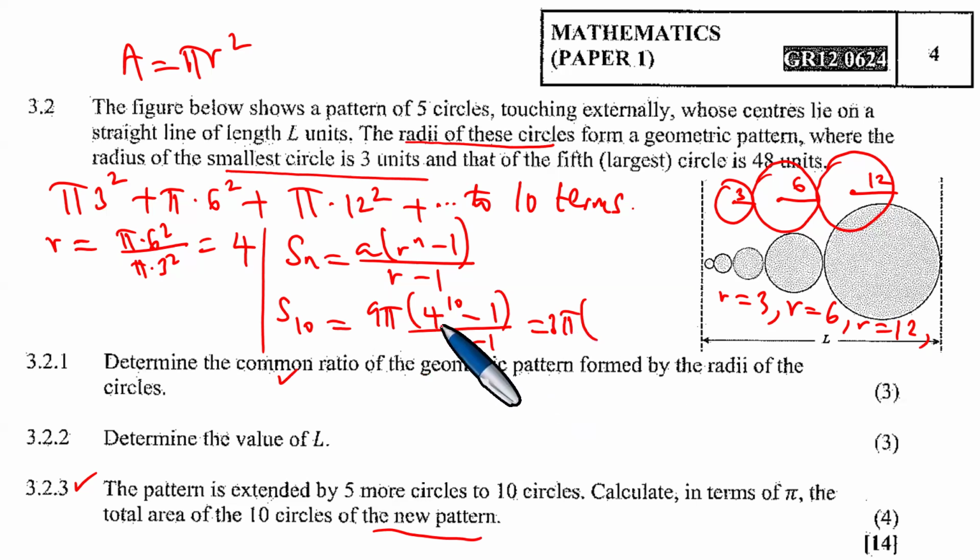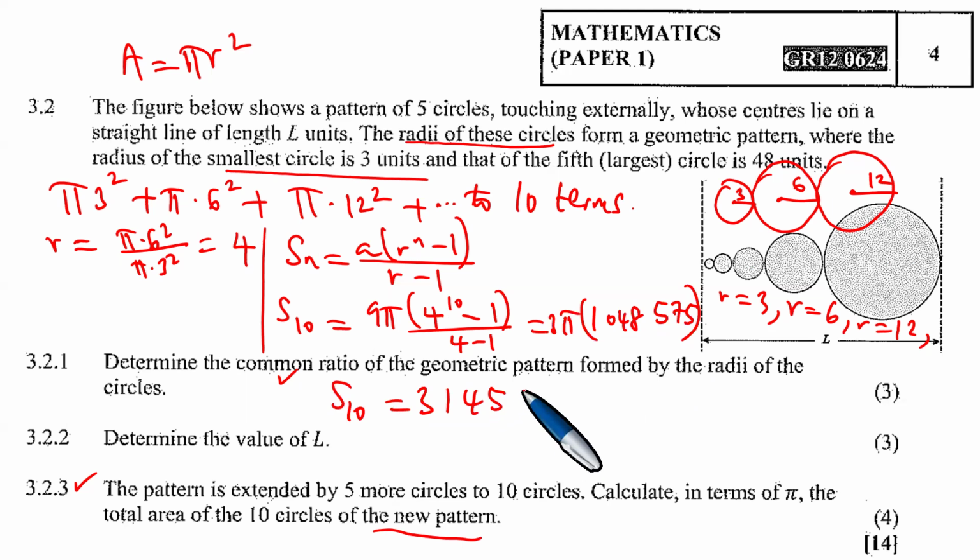And then 4 to the power 10 minus 1 is 1,048,575. So 3 pi times that gives us 3,145,725 pi.